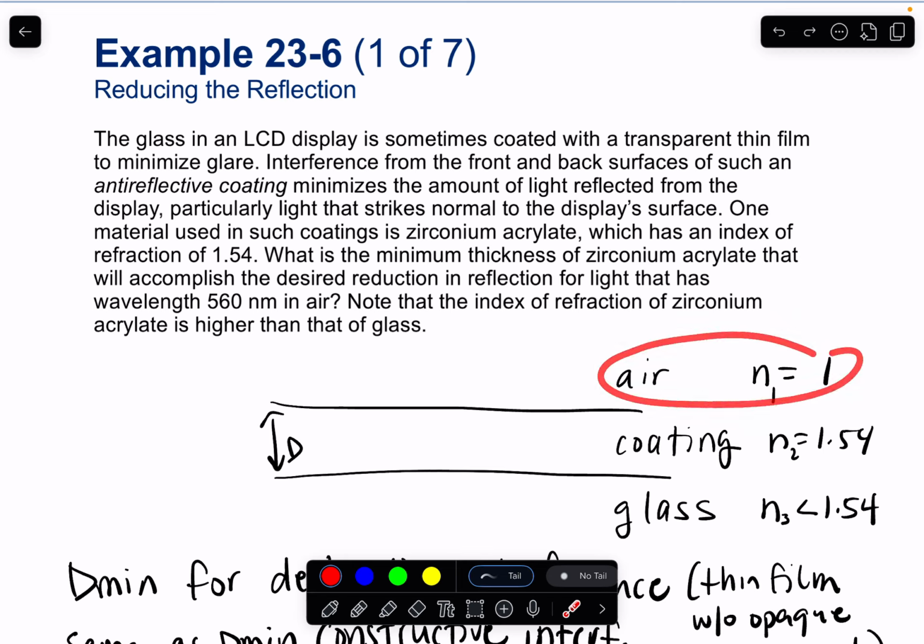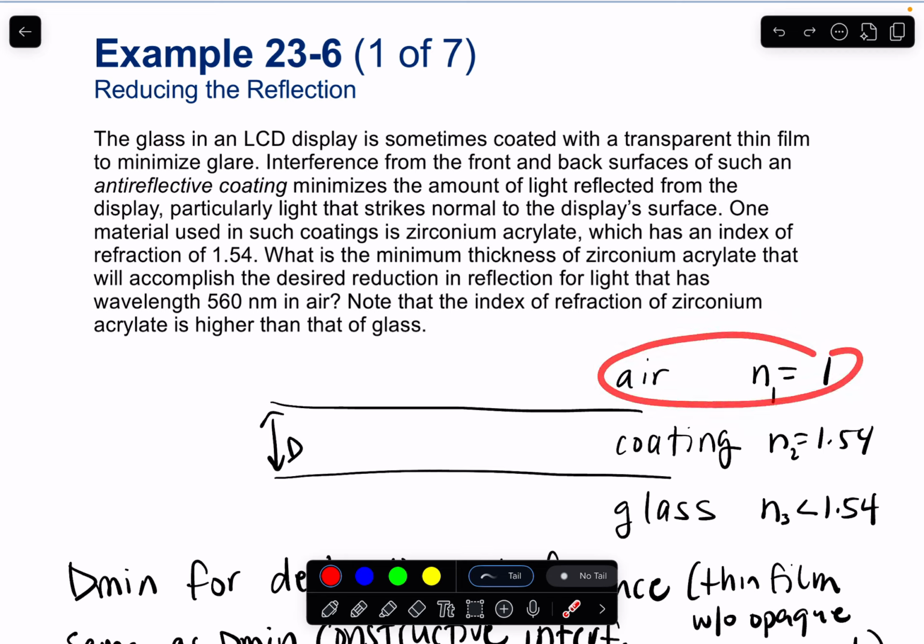So it satisfies the conditions for thin film 2, where the backing is not opaque. So we're going to use destructive interference because we want to minimize the reflections. And we want to find the minimum thickness. So we're going to solve for d min.